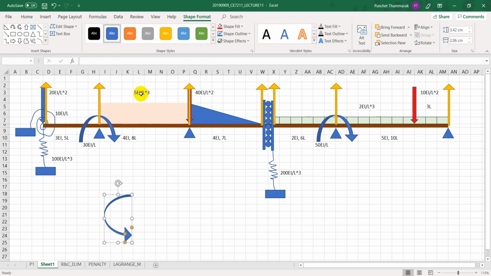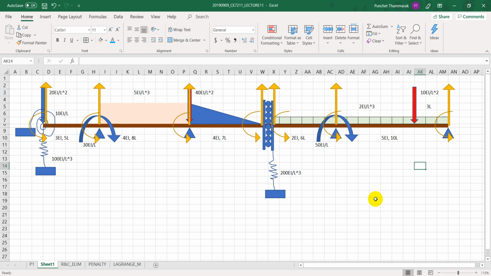Narrow it down, make it smaller. 1, 2, 3, 4, 5, 6, 7.